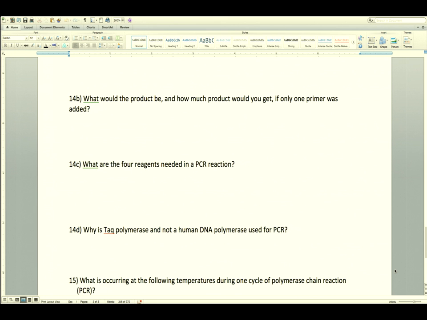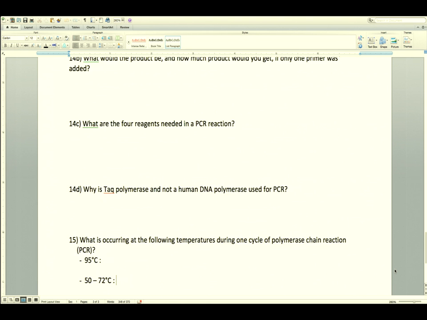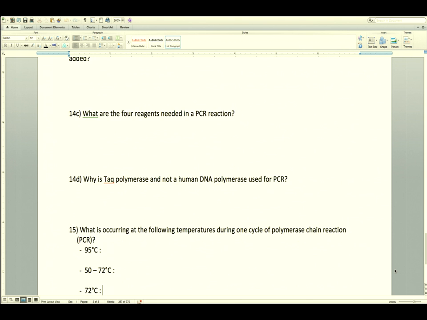Instead of a specific segment, it would be like random products. So why is Taq polymerase used and not a DNA polymerase? Because Taq polymerase is heat stable, and we need that for the high temperatures for PCR.